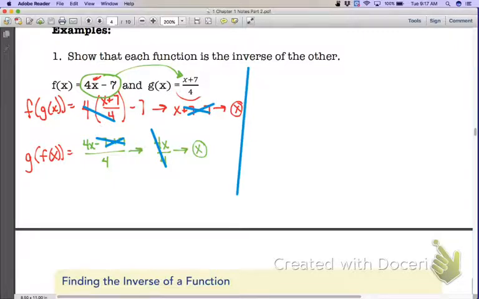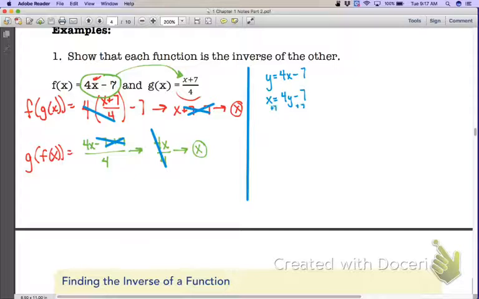Your other way, I'll just box it off here, is to just write the inverse of each function. So if I have f of x equals 4x minus 7, and I want to do the inverse, if I have y equals 4x minus 7, change the x and the y, and solve for y.